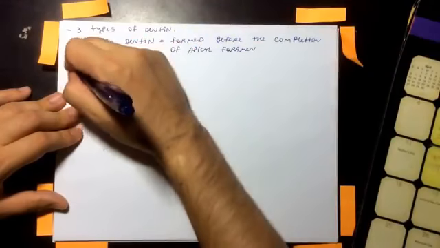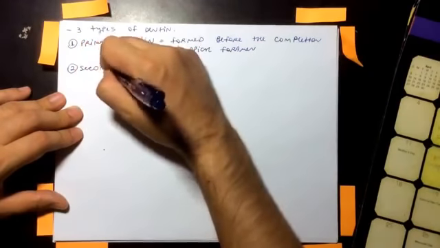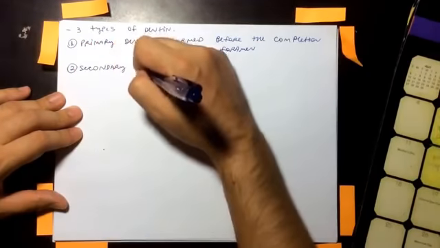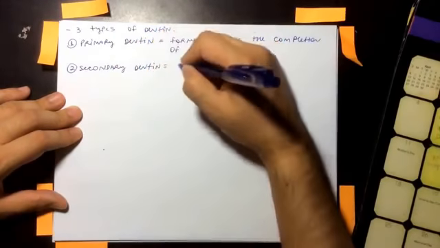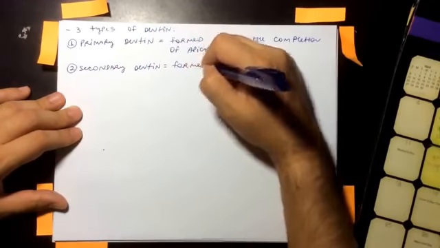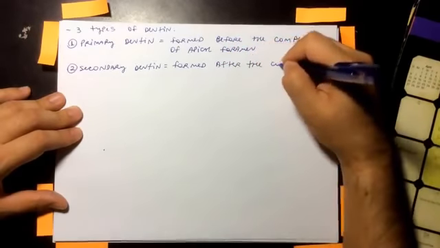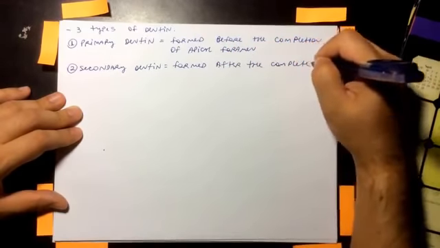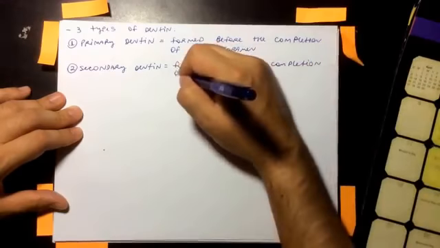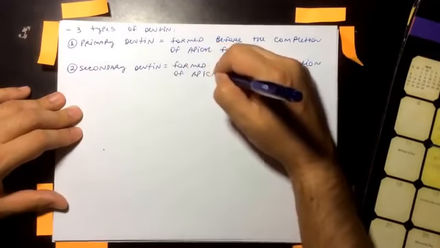Well, then we have the secondary dentin, which is the dentin formed after the completion of the apical foramen.